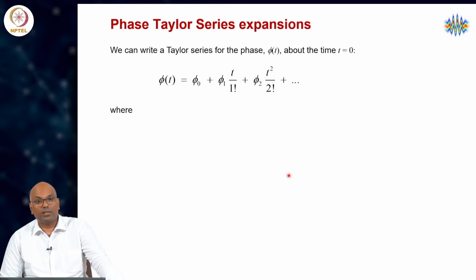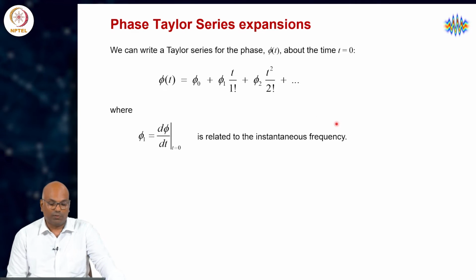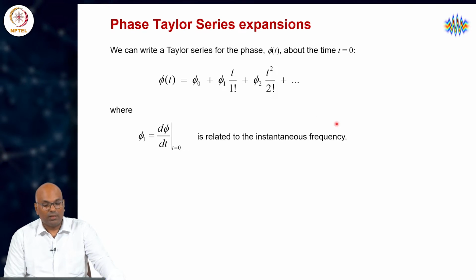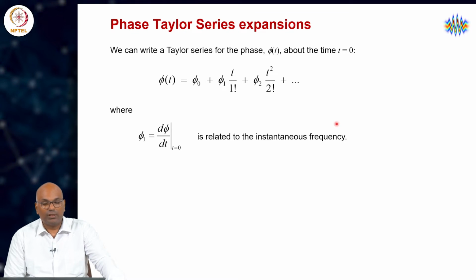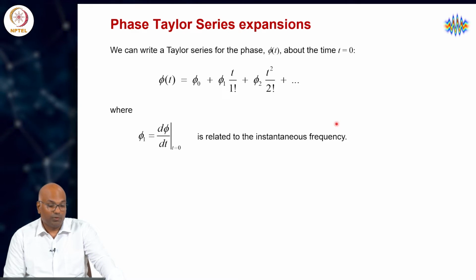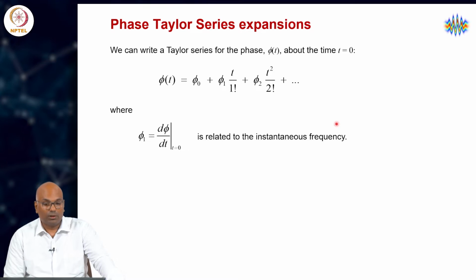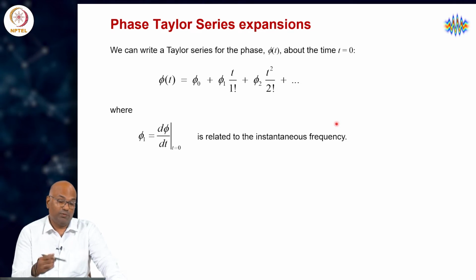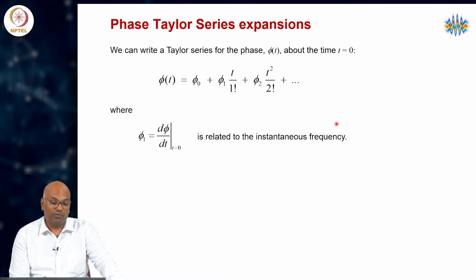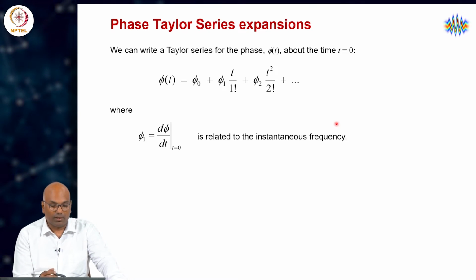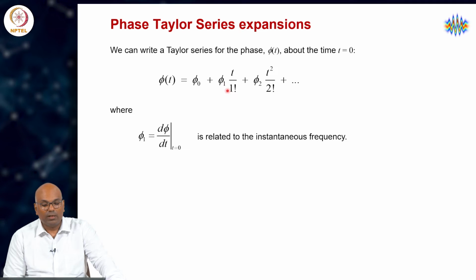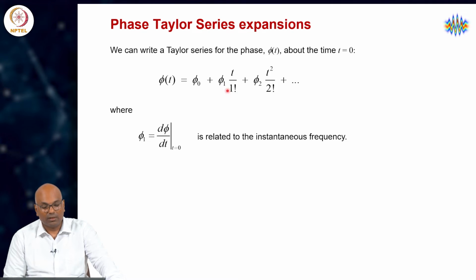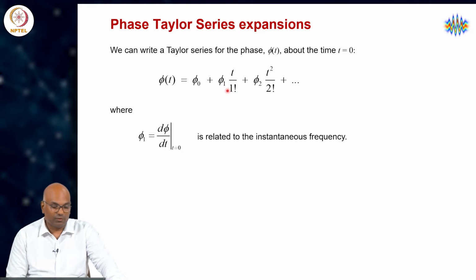The Taylor series expansion of the phase function phi of t contains coefficients phi naught, phi 1, phi 2. Phi naught is the absolute or initial phase, or the carrier envelope phase if we choose to define it through the C phase, C being carrier envelope, whereas phi 1 is related to the instantaneous frequency.